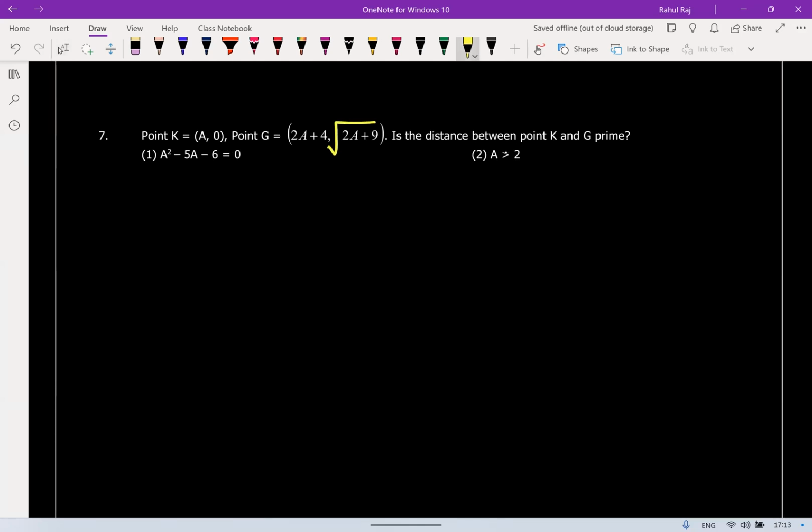This is root 2a plus 9, not 2a plus 9. 2a plus 4 and root 2a plus 9.